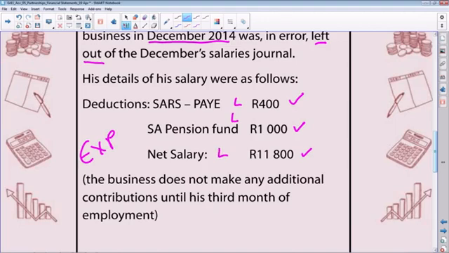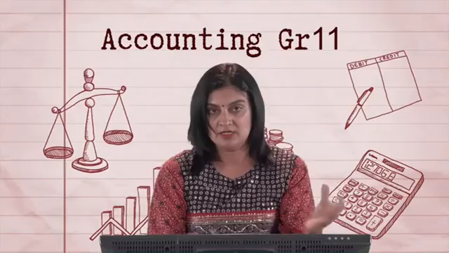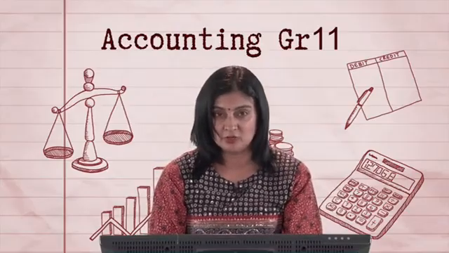So they are obviously not giving me my gross salary. Now remember guys, gross salary is your expense. They've only given me liabilities. I now need to calculate what my gross salary is. By calculating gross salary, I now have my expense and I can use this in my net profit calculation.